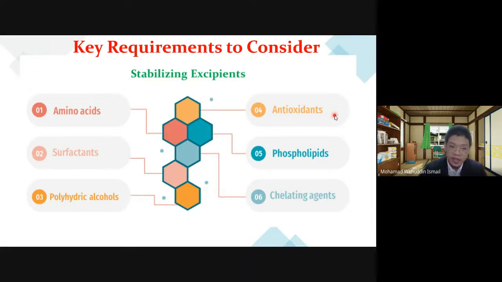So we have amino acids, surfactants, polyhydric alcohols, antioxidants, phospholipids, and chelating agents. Even though there are stabilizer excipients we can choose, we must ensure that the excipient we choose will not react with the protein, nor with all the other components added within the system.